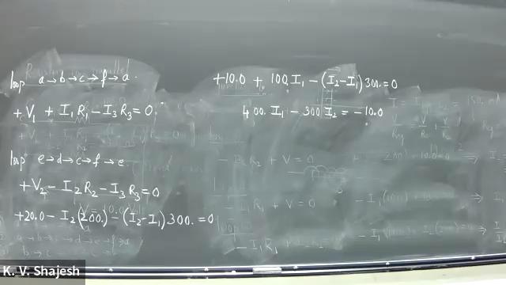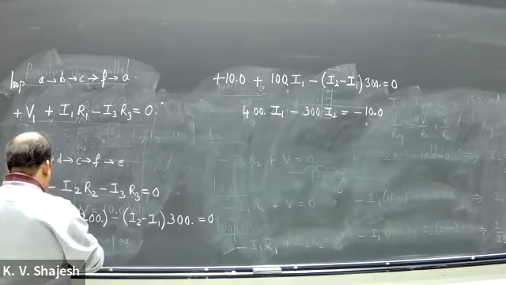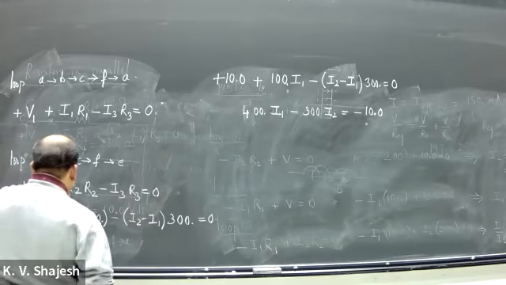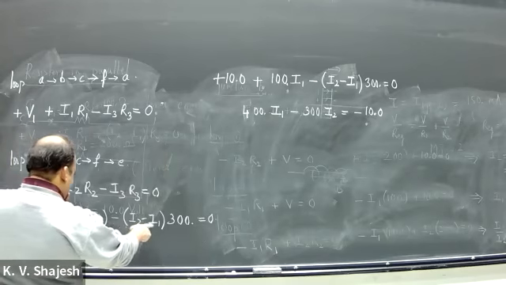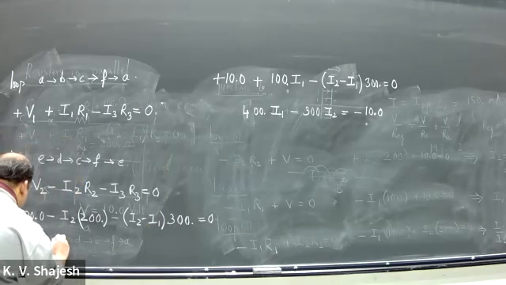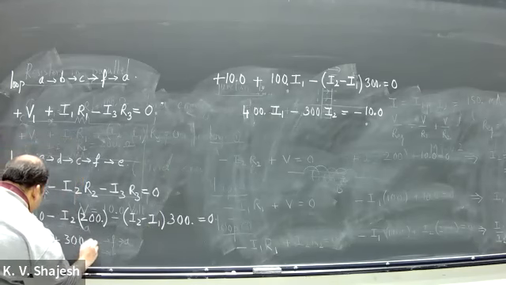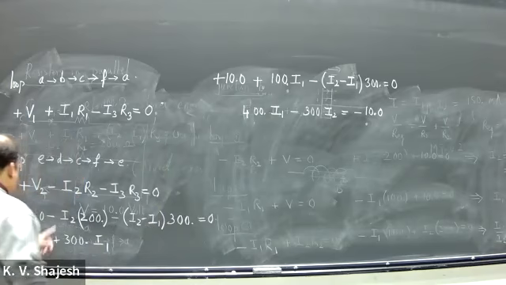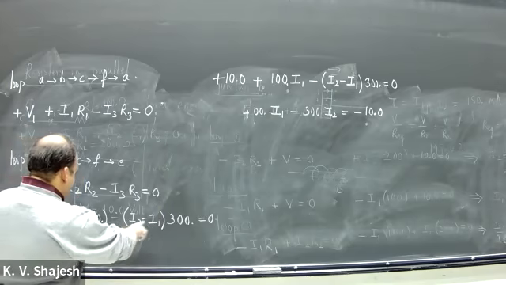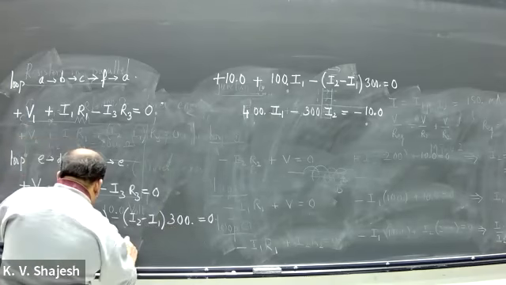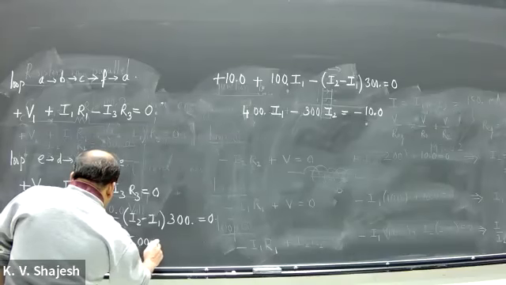Okay, so let's try it again. I1 is plus 300, that's plus 300 I1, minus 200 and minus 300, that's minus 500 I2.